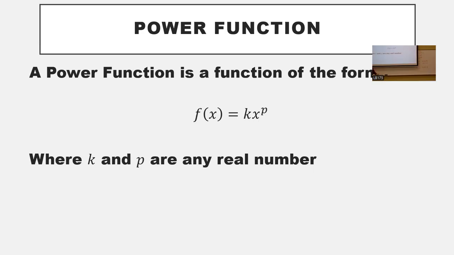It could be a positive 6.4. The power could be square root of 3, excuse me. Or it could be 1, or it could be 2, or it could be 5. So as long as it's a constant times x to a power, and the constant and the powers are any real numbers, that's a power function.